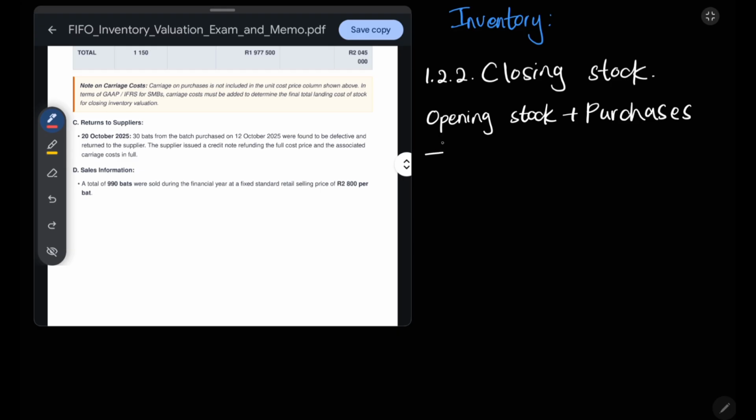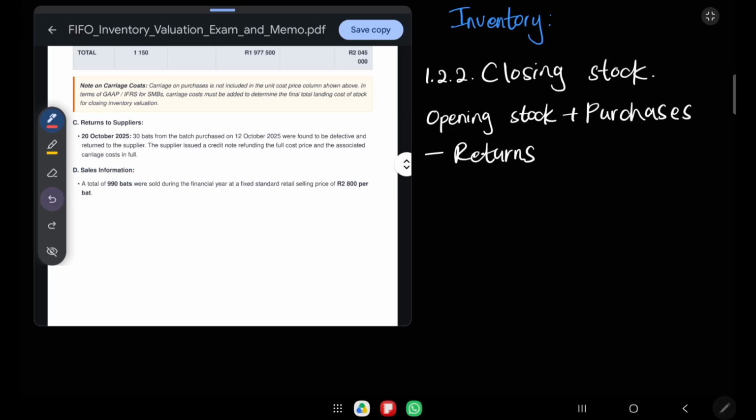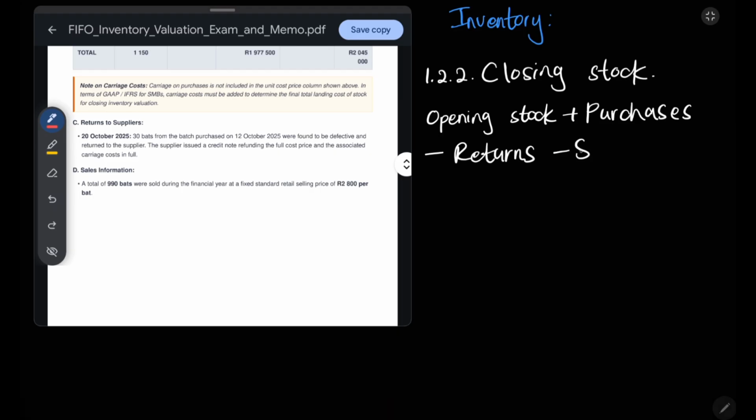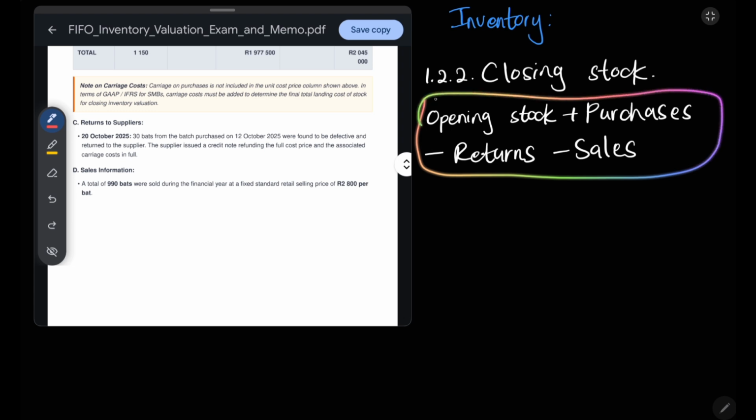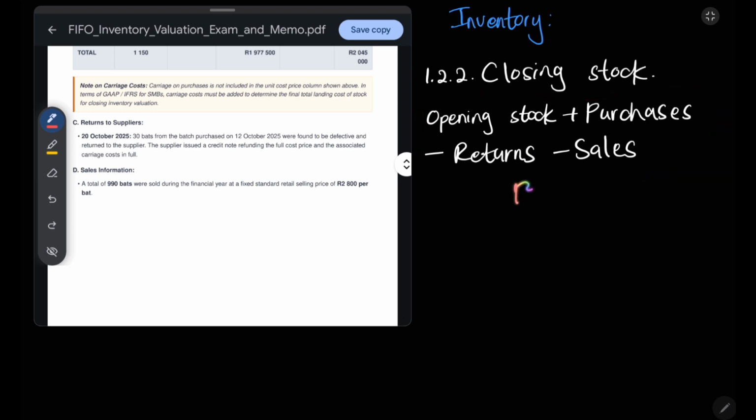We should subtract our returns. And lastly, what are we left with? We have sales. In terms of our sales, do you think we should add or subtract them? We should subtract our sales. So if this still doesn't make sense to you, you can just try and memorize this formula, but write it under the closing stock for FIFO.